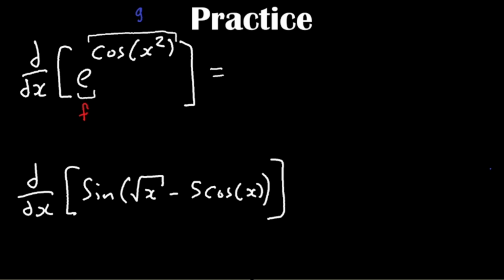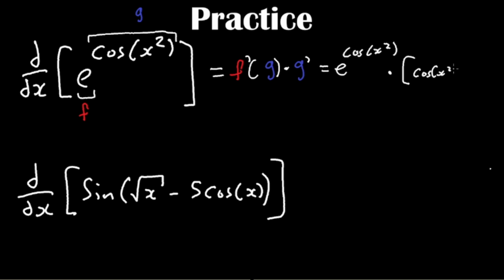So using our chain rule, this is going to be f prime of g times g prime. Now our function is e to the x, so f prime is just going to be e to the x. So f prime of g, that's e to the cosine of x squared times, we want to know the derivative of cosine of x squared.